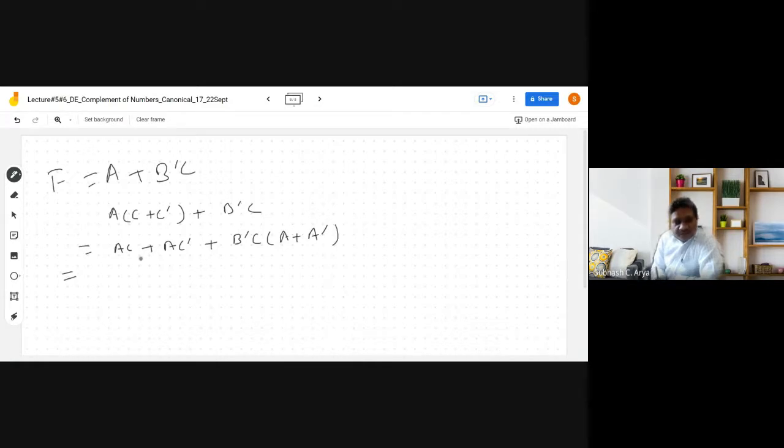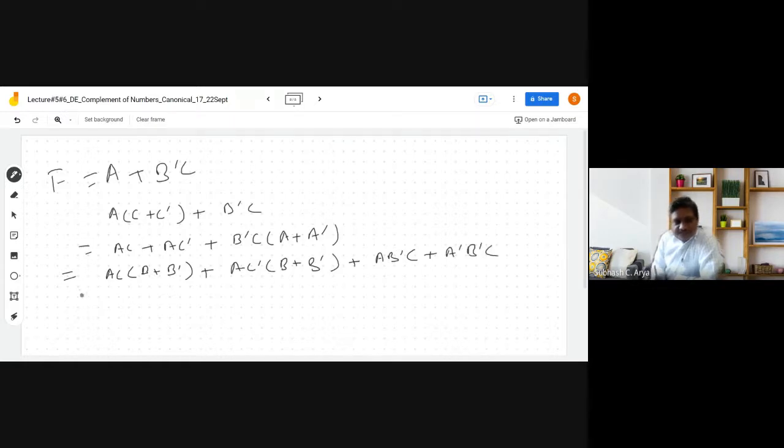Now you see we got this here. Which term is missing? B. So AC multiplied by 1, which is represented by B plus B bar, plus AC bar, B plus B bar, and plus here this will be A B bar C plus A bar B bar C.